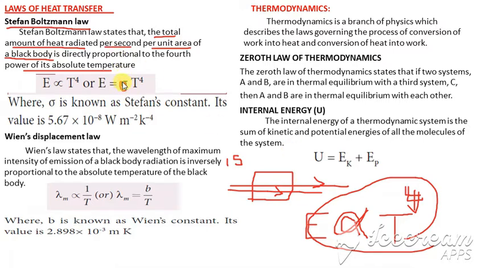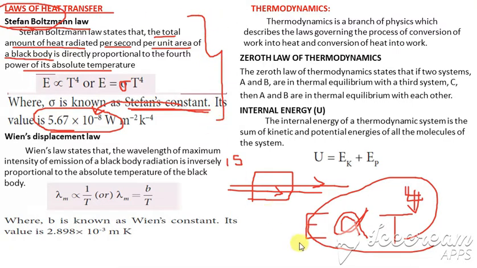The constant which we are introducing here is sigma. Since it is the Stephan-Boltzmann constant, this is called Stephan's constant. Okay, and the value of this sigma is 5.67 into 10 power minus 8 W m power minus 2 K power minus 4. Okay, so this is the value of Stephan's constant. Okay, yes, this is about the Stephan-Boltzmann law.